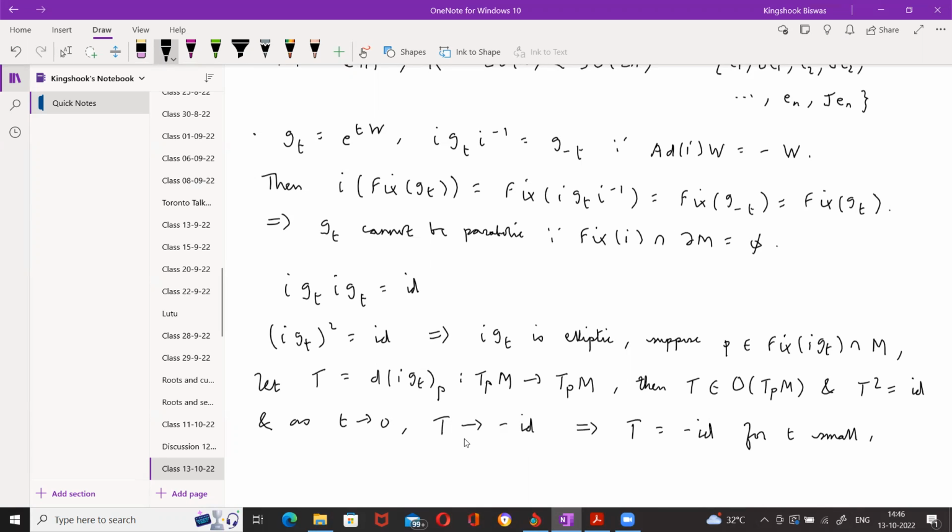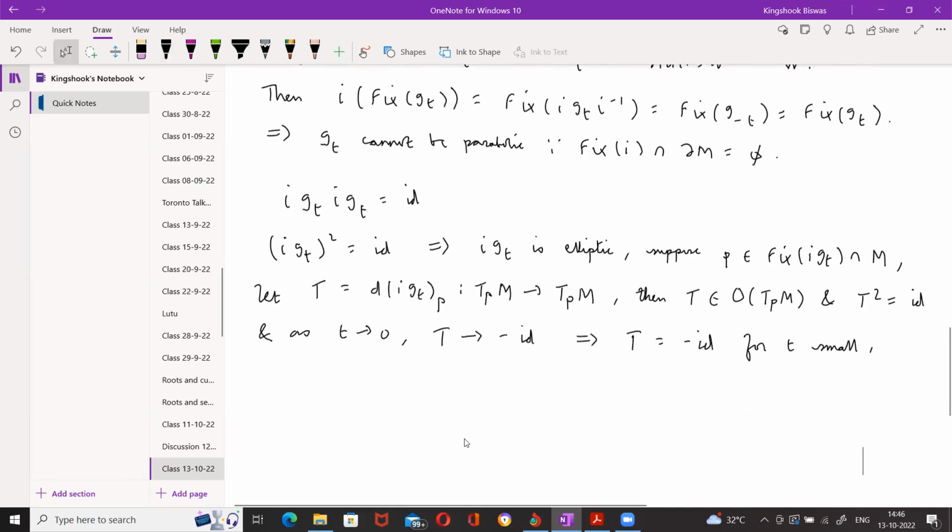And so then what happens? Right. So then that means that, wait, okay, I'm getting a bit of a contradiction here, aren't I? No. Wait. Well, I just wanted to rule out the case that GT is elliptic.